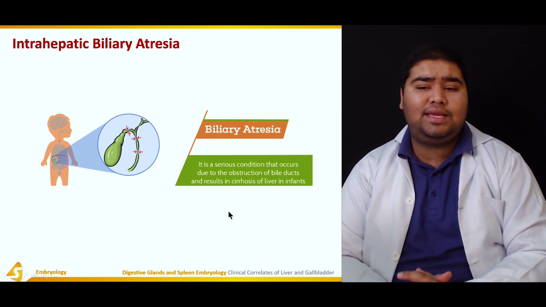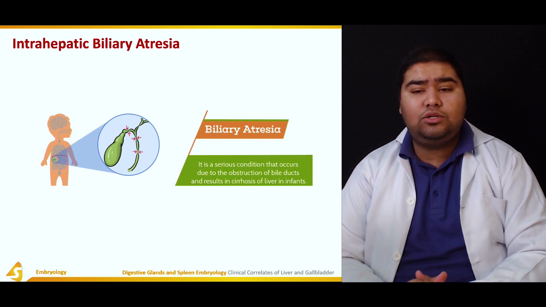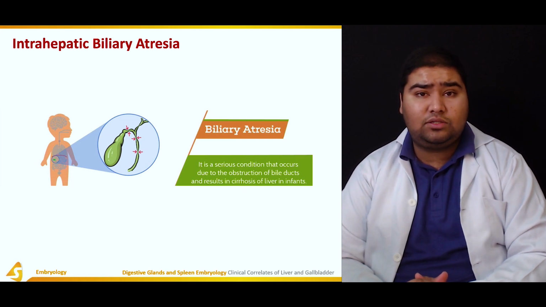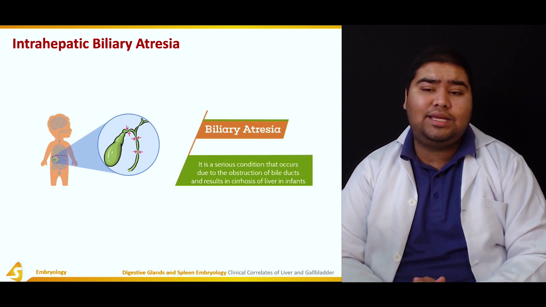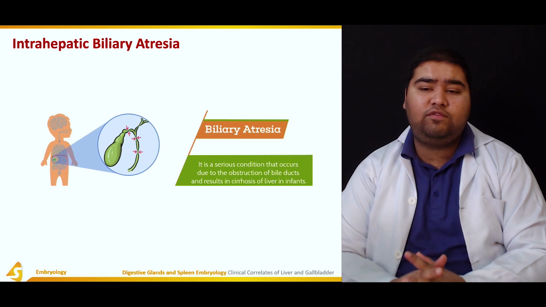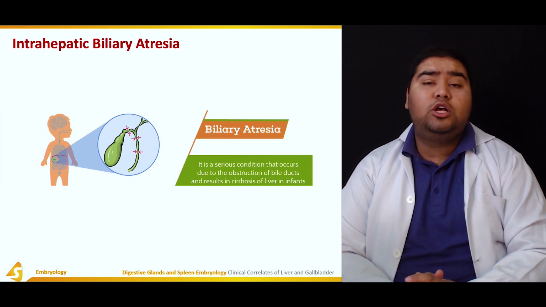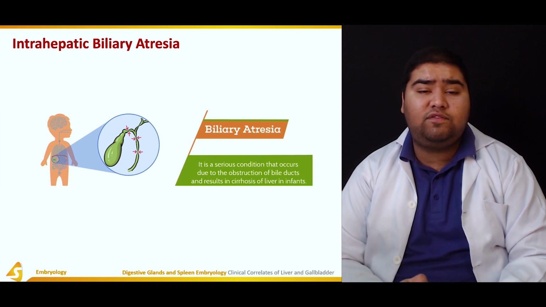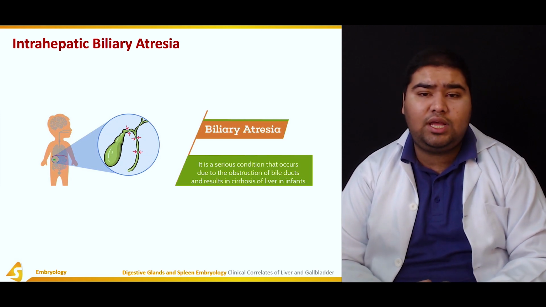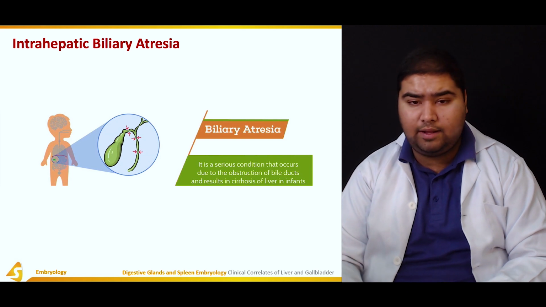It is a very serious condition that occurs due to obstruction of the bile ducts. So bile ducts are being obstructed at this point, and this results in cirrhosis, that is shrinkage of the liver in infants. So if an infant comes to you with a cirrhotic liver, your differential must include intrahepatic biliary atresia.